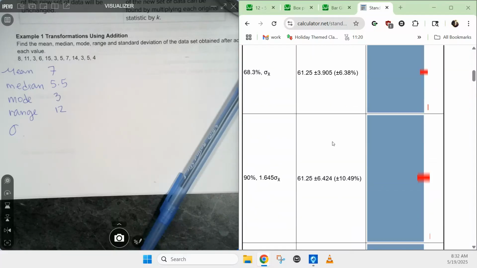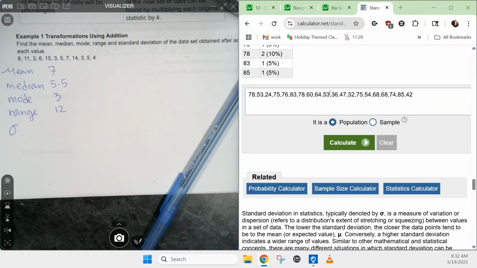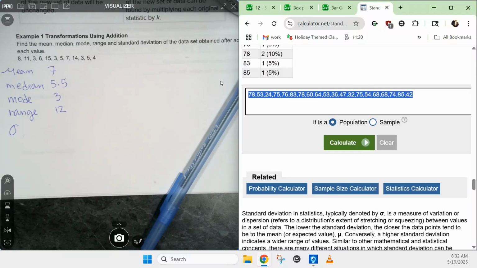So we're going to recalculate. We're just going to put these numbers in. 8, 11, 3, 6, 15, 3, 5, 7, 14, 3, 5, 4. And we're going to calculate.